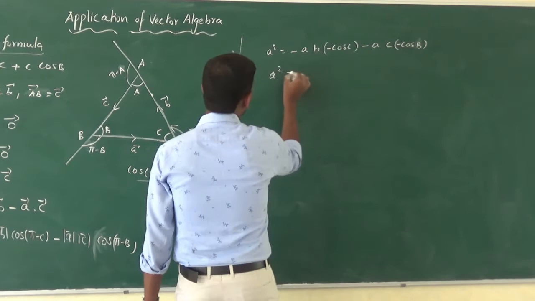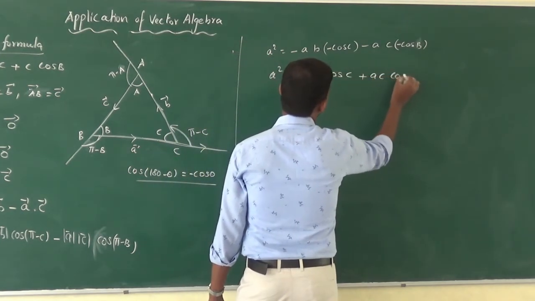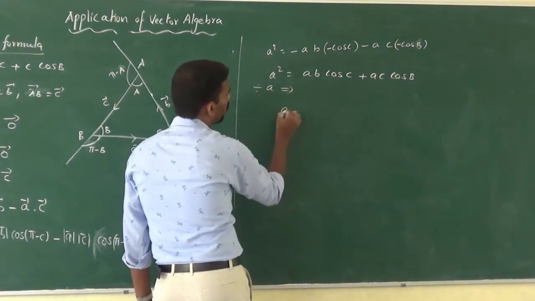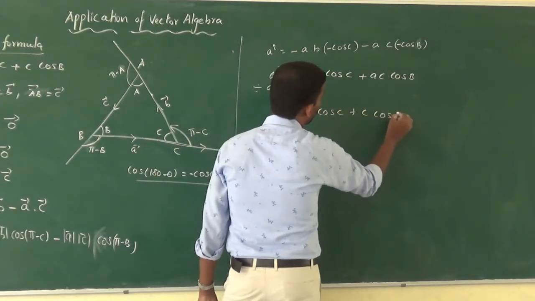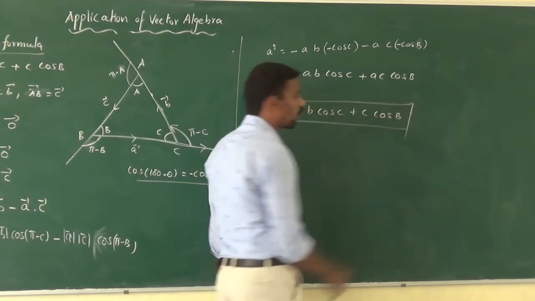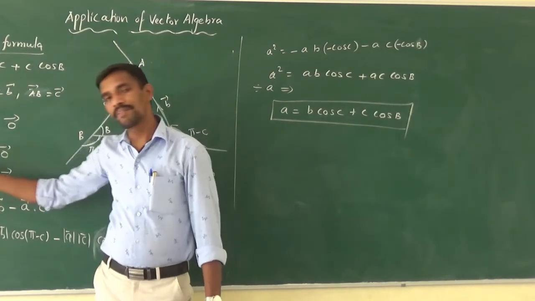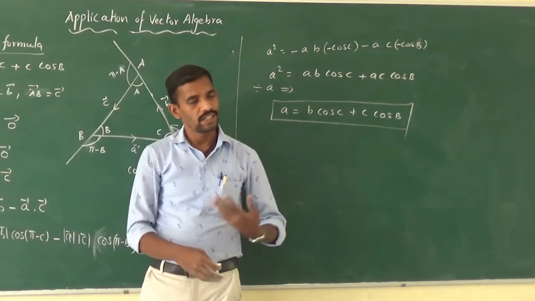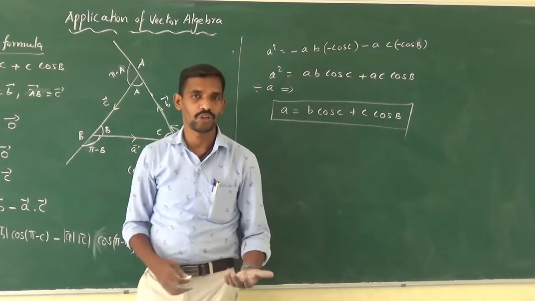So a square is equal to ab cos c plus ac cos b. Now dividing by a on both sides, we get a is equal to b cos c plus c cos b. So this is the projection formula. In the same way, keep b on the left side and the remaining terms on the right side, or c on the left side, and you get the other two projection formulas.